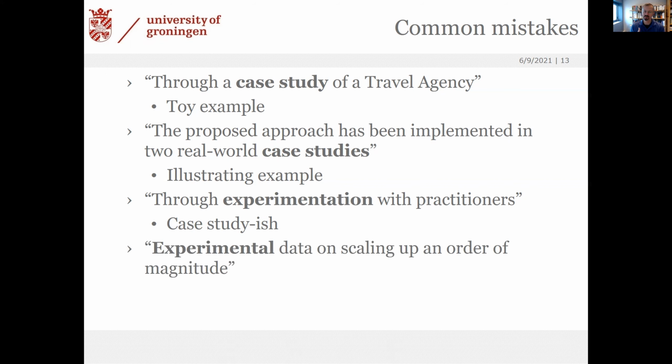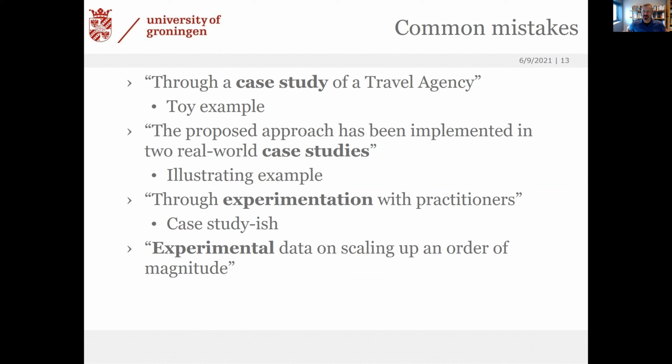And a lot of times I see something like this: experimental data on scaling up an order of magnitude. For example, they try to see if the performance of something can scale up, and they call this an experiment, and then you look at it and it's a simulation. All of the performance papers are usually on simulations, and yet for some reason everybody calls this an experiment.